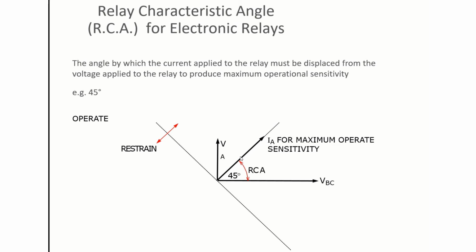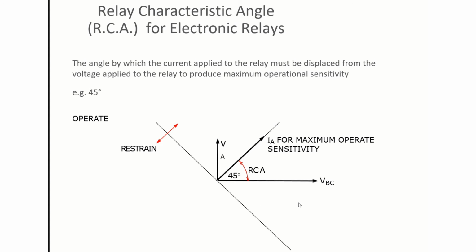But now in electronic or numerical relay we have the option. So if the current applied to the relay is displaced by any angle, suppose 30 degree, 40 degree, 45 degree, that angle is called the relay characteristic angle or RCA, and that is basically the maximum operating sensitivity.